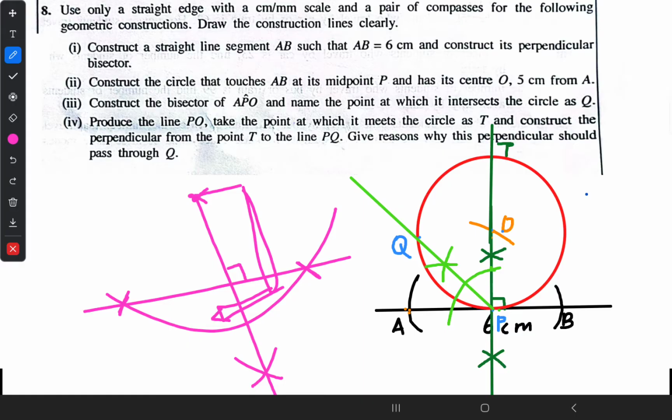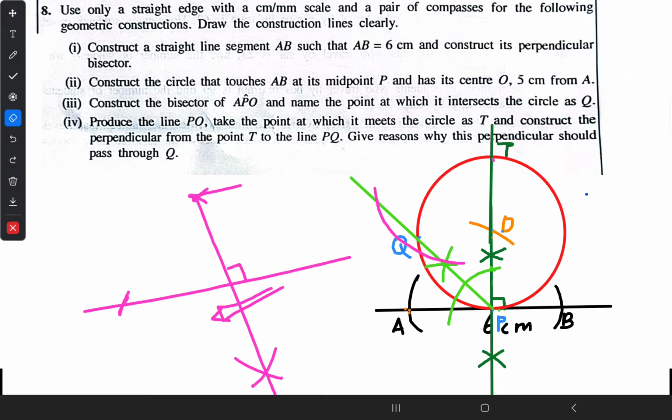We know how to construct a perpendicular line from an external point to a given straight line. So here, I'll place my needle here. I'm going to take the measurement between them and extend this a little, not by a big margin, a little. And I'm going to draw an arc.